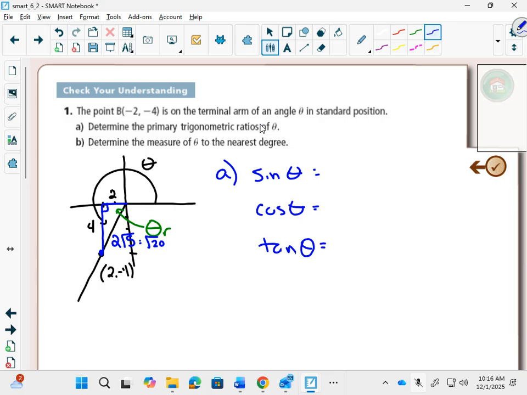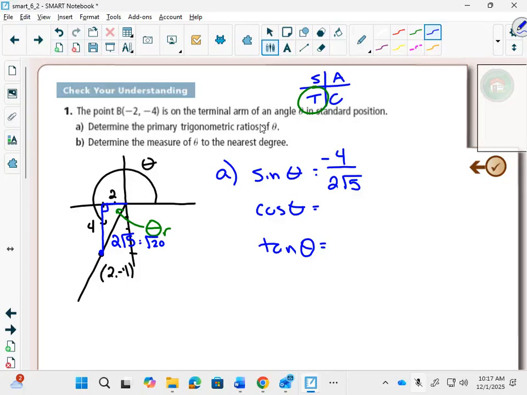Because if we think about SOHCAHTOA and our normal trig ratios, I know that sine is the opposite side over the hypotenuse. So that would be 4 over 2√5, but it's going to have to be negative because we're in quadrant 3 here, and the only one that can be positive in quadrant 3 is tangent.